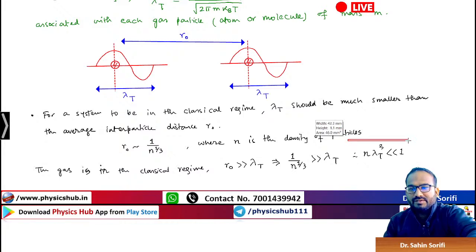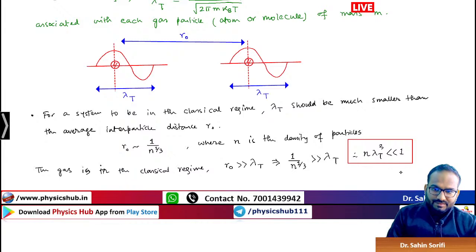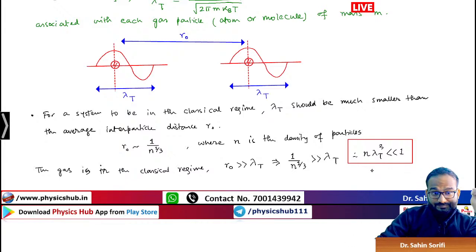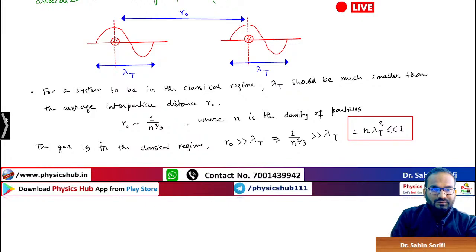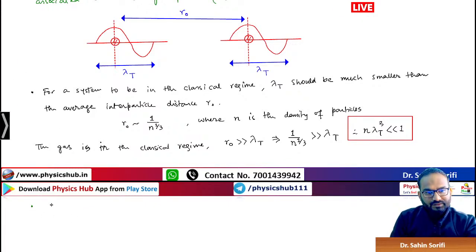So when you have a system of gas particles in the classical regime, n lambda T cubed should be much less than 1.